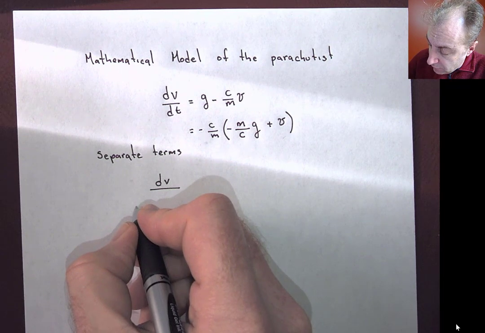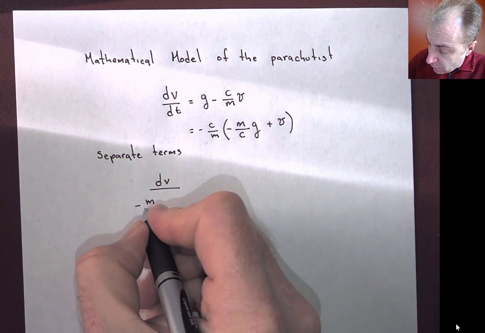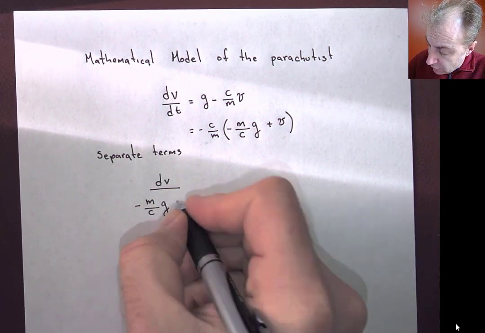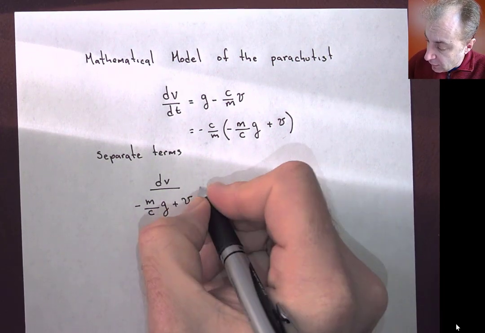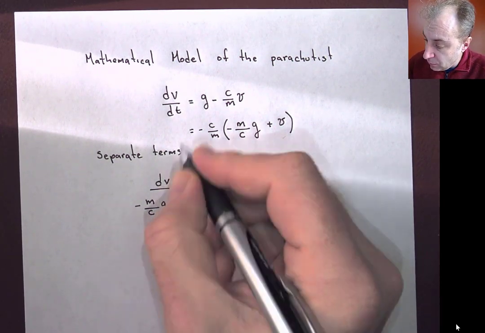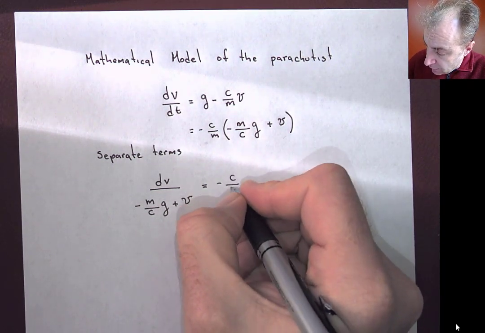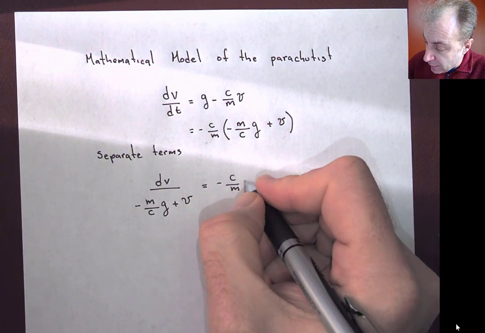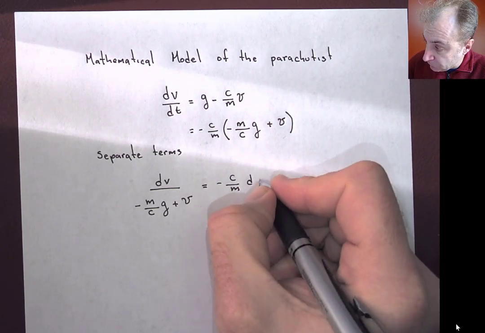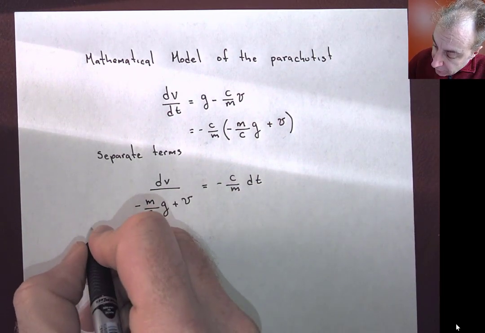So it's going to be minus m over c times g plus v, and this is going to be equal to the time differential, dt, that will multiply that coefficient minus c over m. And now we can integrate.